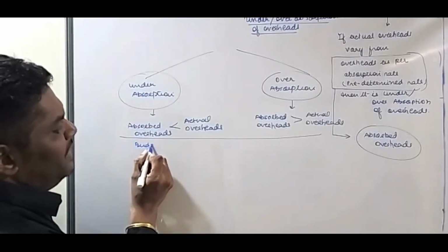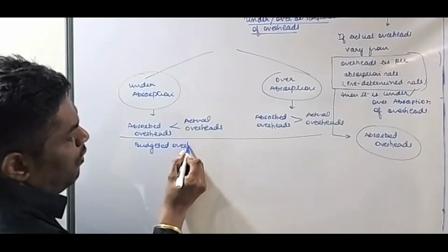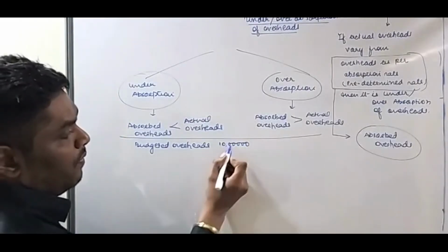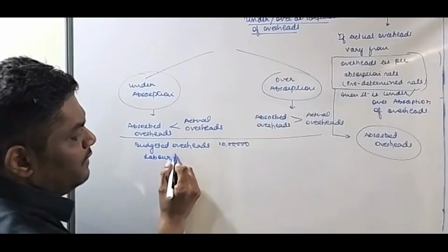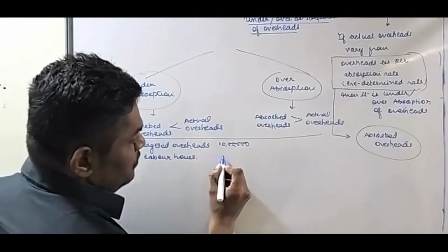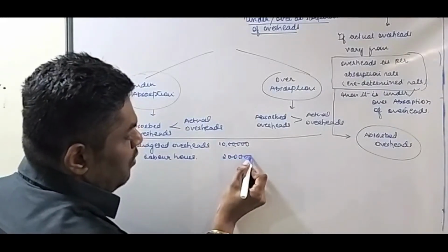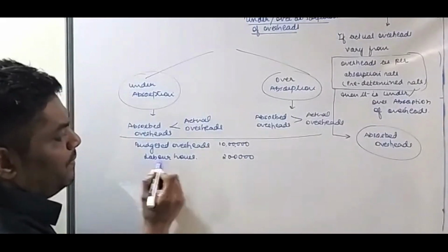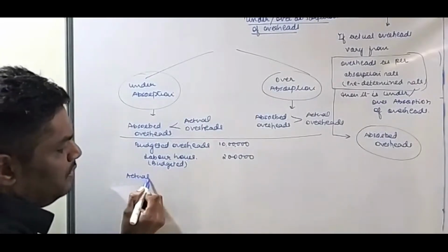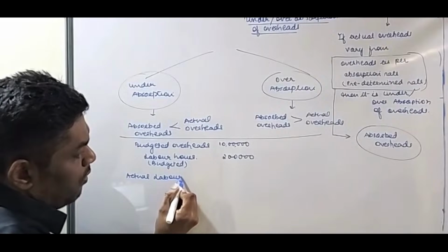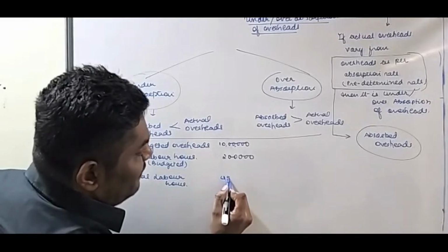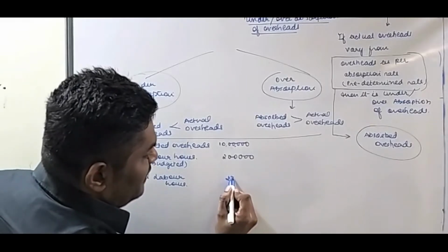Let's say my budgeted overheads are 10 lakh. My budgeted labor hours are 2 lakh. My actual labor hours are 2,50,000.